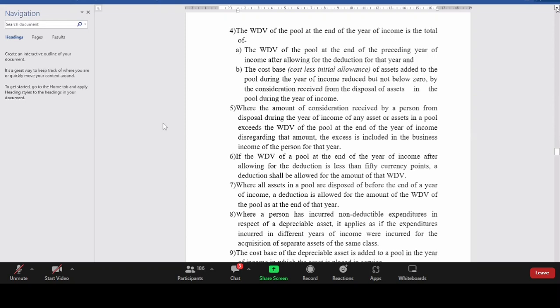That is written down value. Guys, you said it's the closing balance of last year. Add the cost base, we get written down value. So what do you mean by cost less initial allowance?